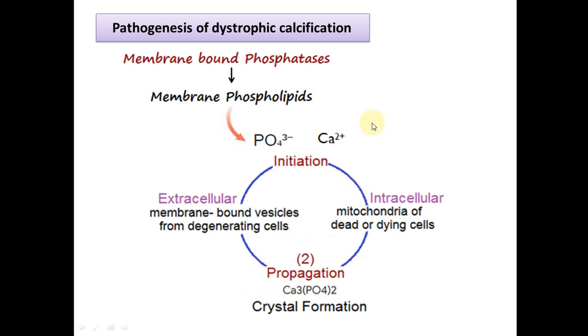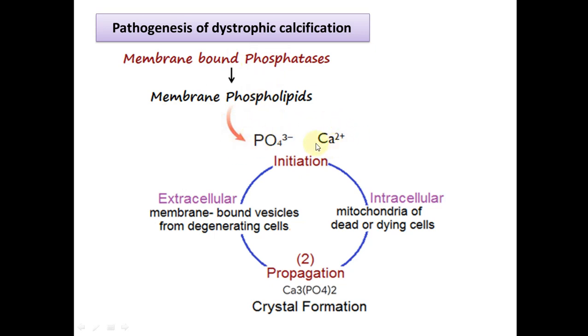Our cells have phospholipid bilayer cell membranes, and this membrane contains phospholipids. Sometimes during injury, certain enzymes known as phosphatases are released, and these phosphatases act on these membrane phospholipids and liberate phosphate.